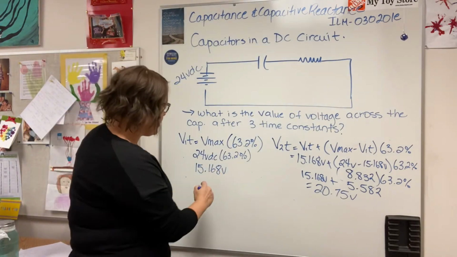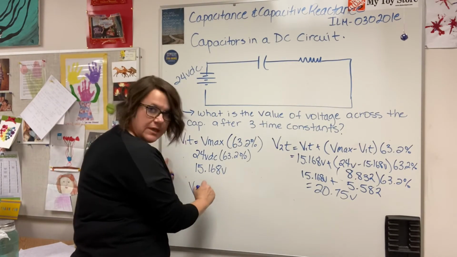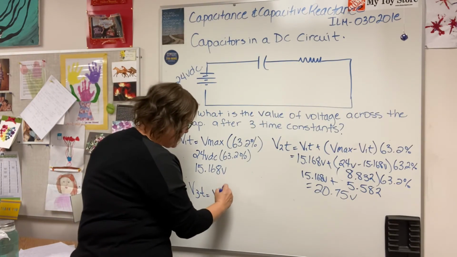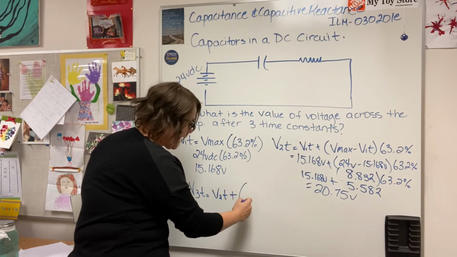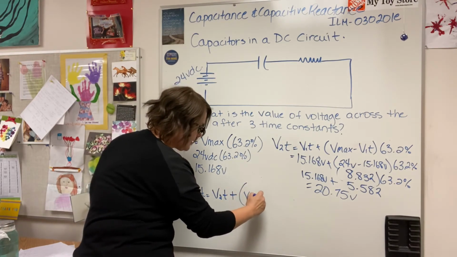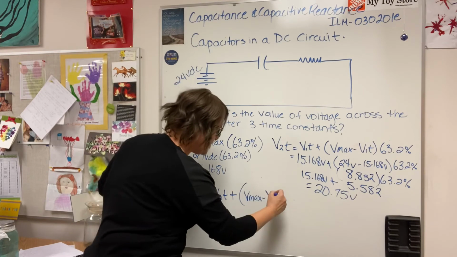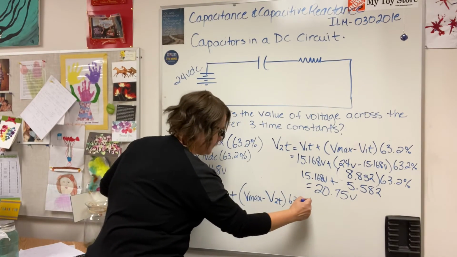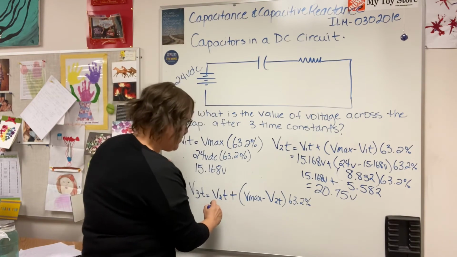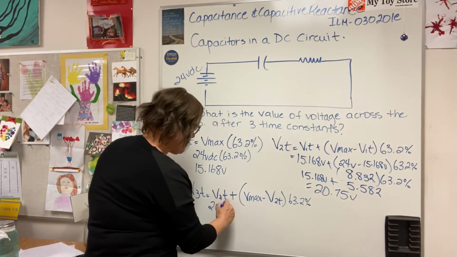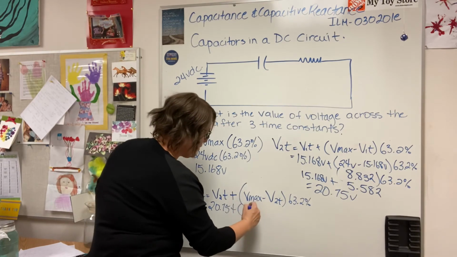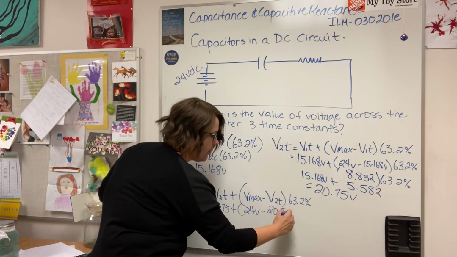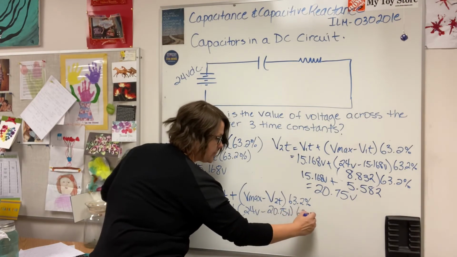The third time constant would be V3T, which equals V2T plus, in brackets, Vmax minus V2T, times 63.2%. So that's 20.75 plus 24 volts minus 20.75, times 63.2%.